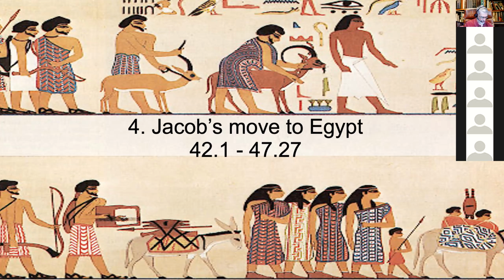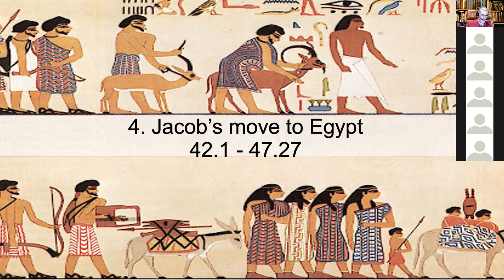In chapter 45, Joseph reveals himself to his brothers. In 45:3, Joseph said, "I am Joseph. Is my father still alive?" And his brothers could not answer him. They were dismayed.